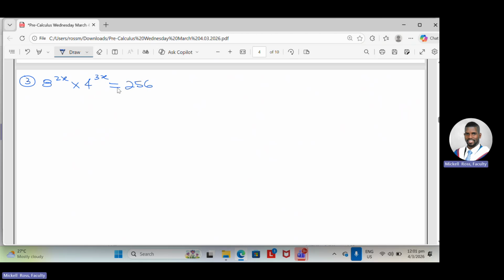So what I made mention of earlier, right? When we said that you can write it to a smaller base that is not in the question, this is what I was making reference to.